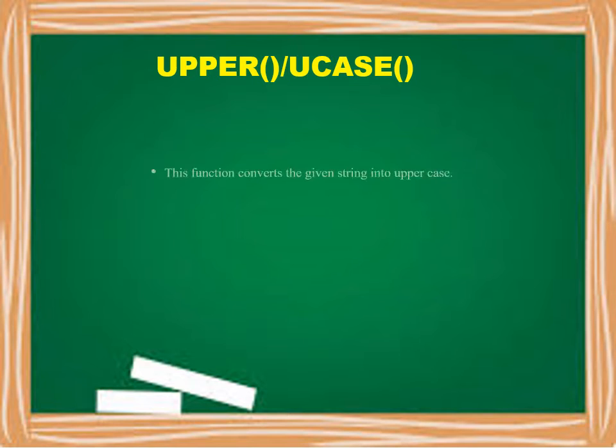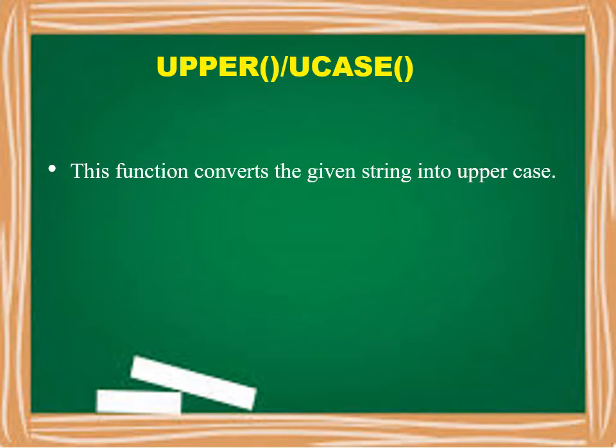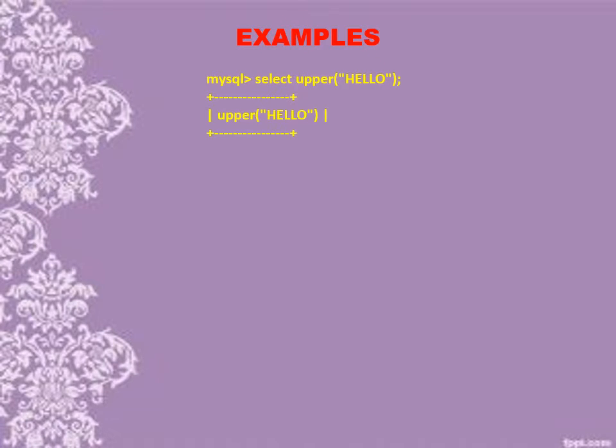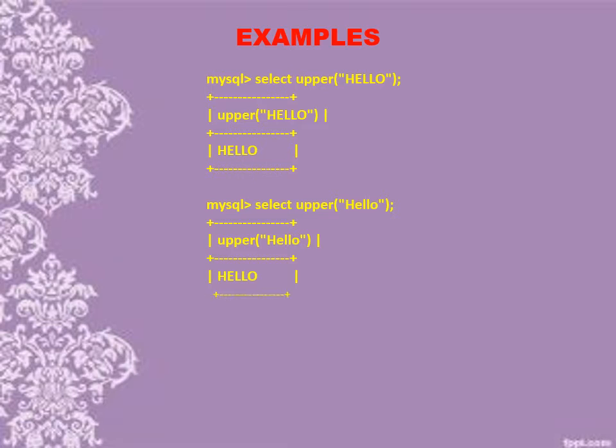For uppercase, we can use the upper function or UCASE function to convert the given string into uppercase. This is the example. Whatever the string, whether it is in uppercase or lowercase, the upper function always converts all the provided values into uppercase.